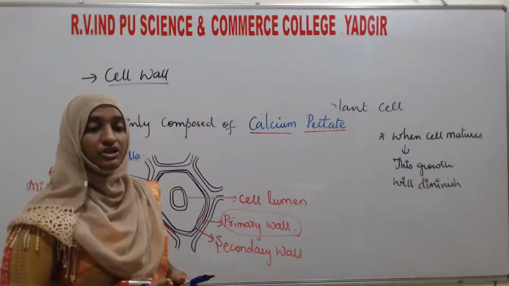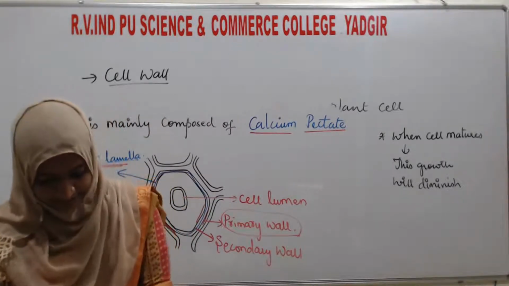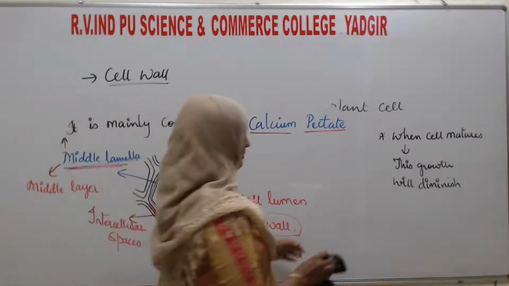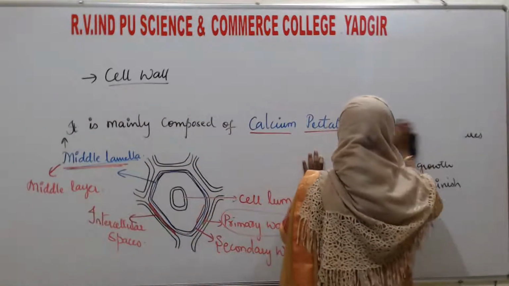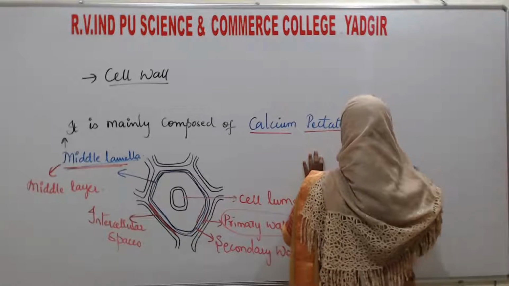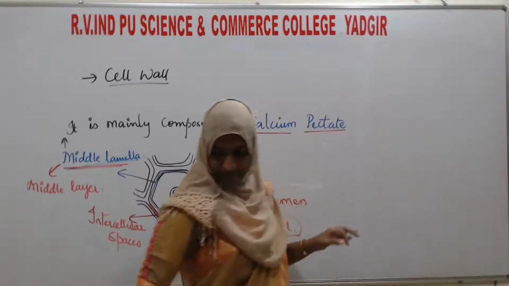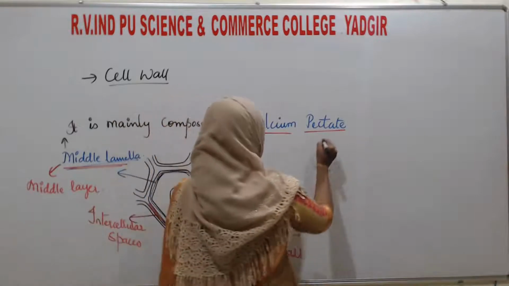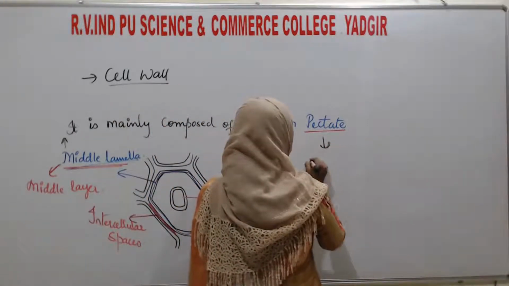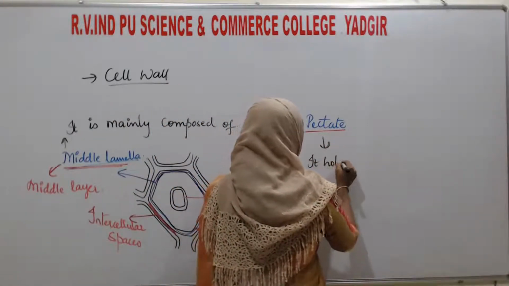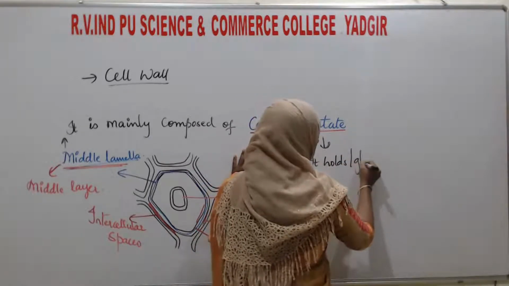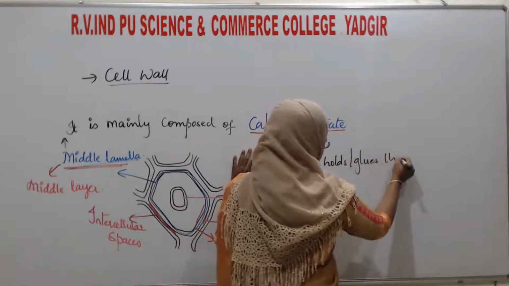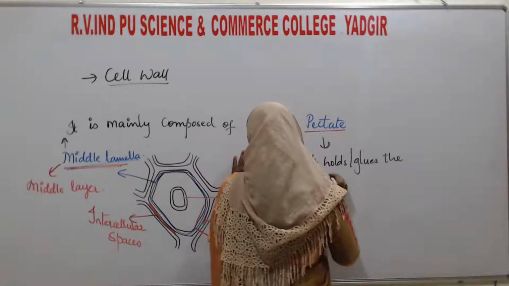So what is the function of this calcium pectate? Let's see here. This calcium pectate layer holds or glues the neighboring cell.